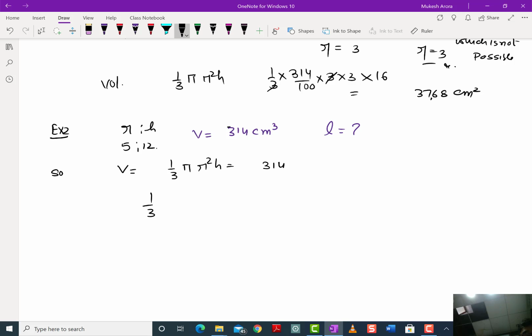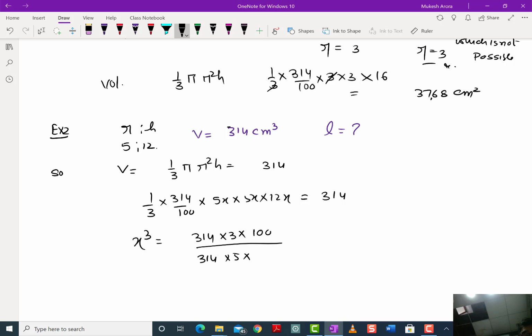So 1 upon 3 pi, 3.14 by 100, r is 5x into 5x into 12x is equal to 314. X cube is equal to 314 into 3 into 100 by 314 into 5 into 5 into 12.